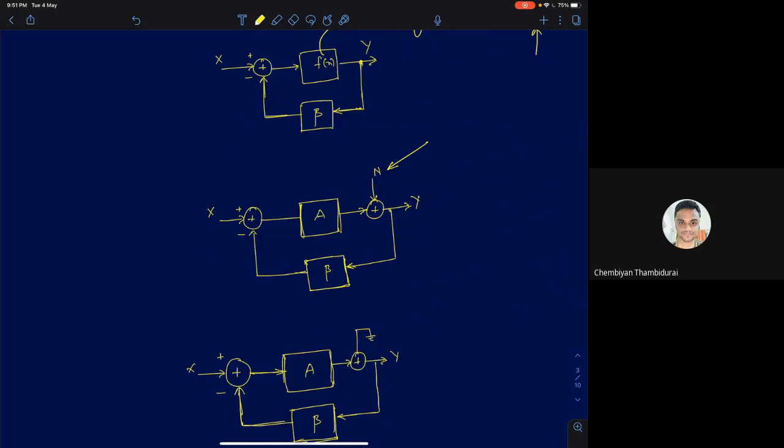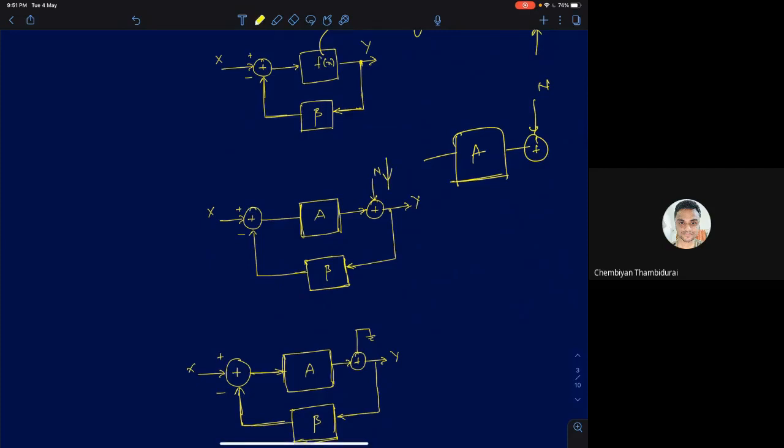If you add an external disturbance, maybe the supply in the amplifier is adding some external noise, so I'm modeling it as external noise contributed by this amplifier. This can be from the supply. Because he was building this amplifier using vacuum tube amplifiers, he claimed that the supply noise of these amplifiers can also be rejected. He assumed N to be the noise added by this amplifier, and he called them external disturbances.